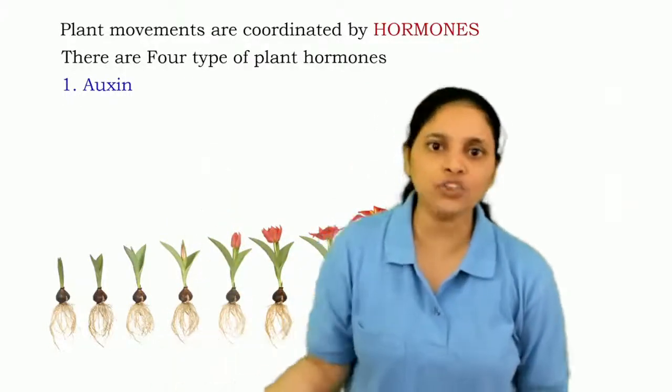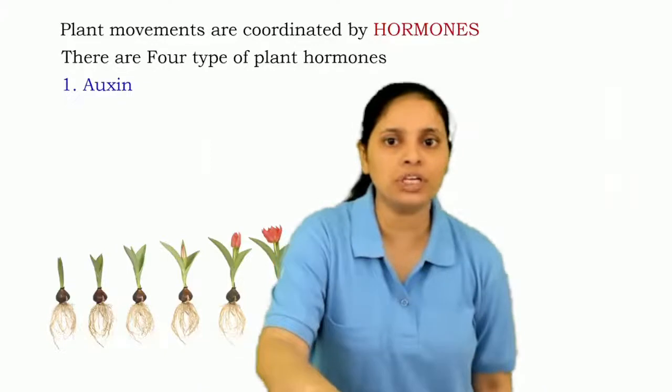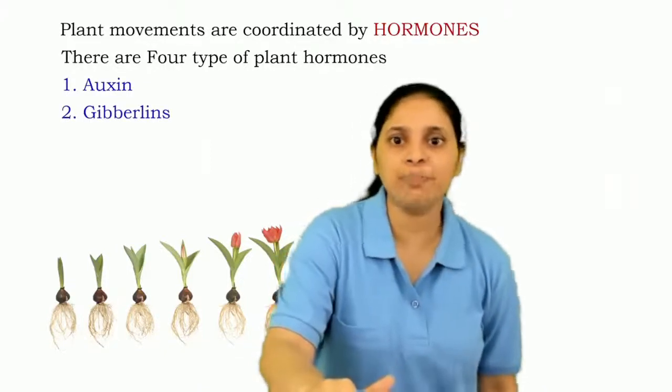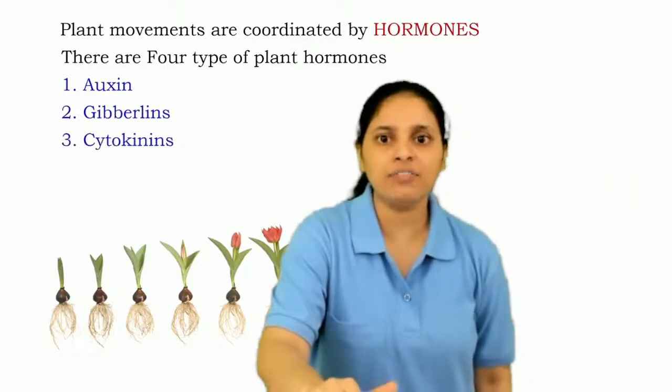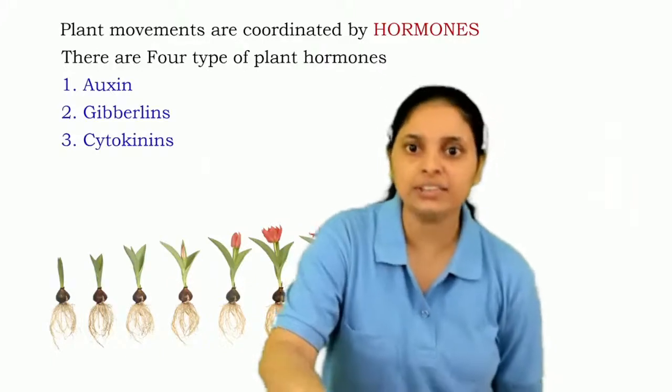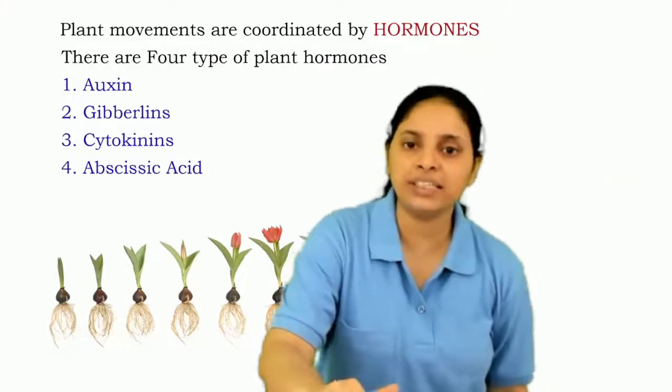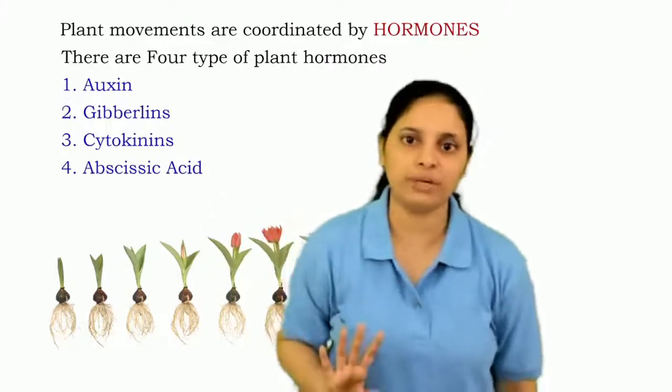Okay. So the first plant hormone is auxin. Second, we have gibberellins. Third, we have cytokinins. Fourth, we have abscisic acid. ये चार hormones है.